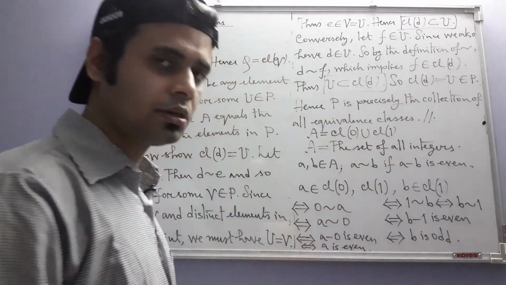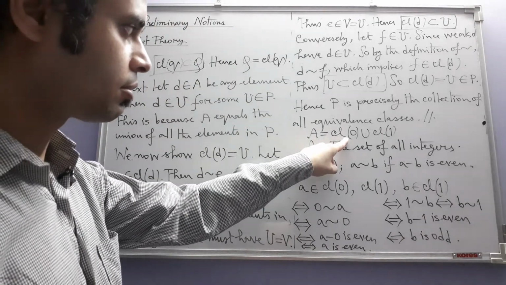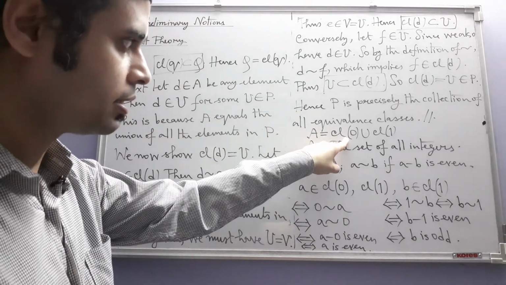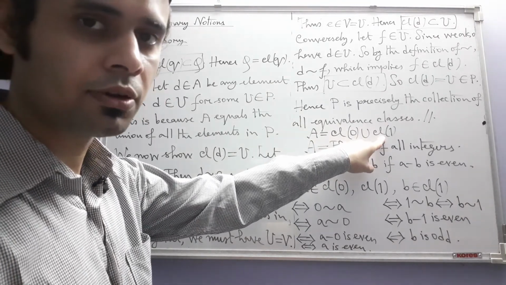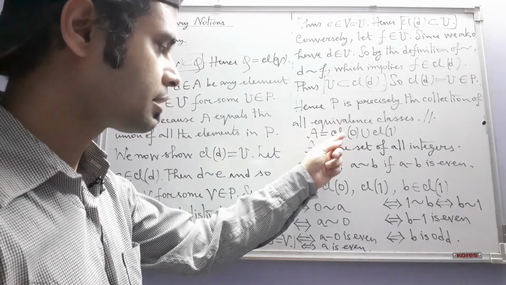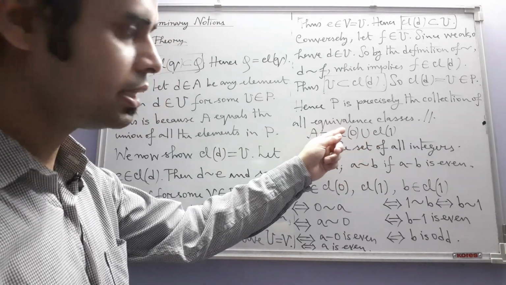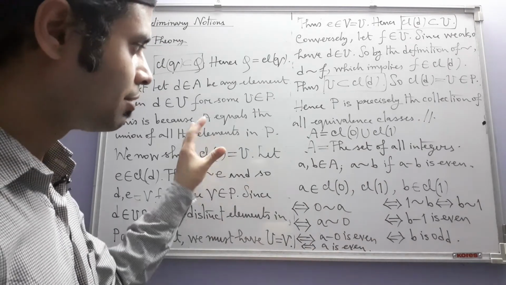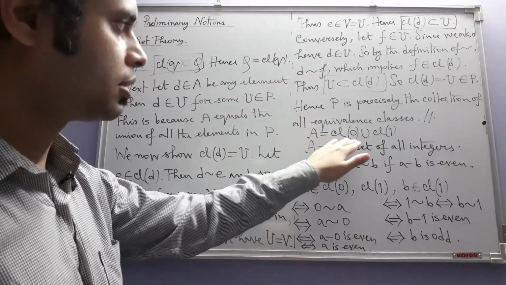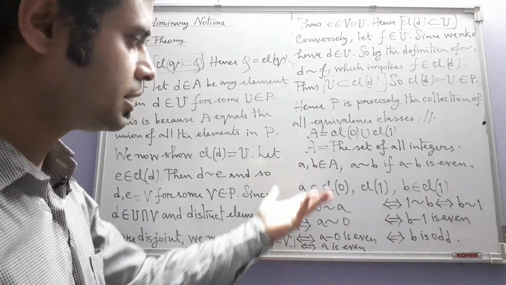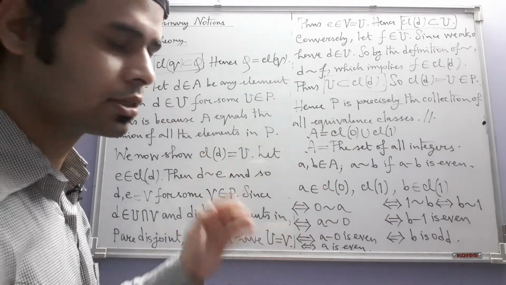They are non-empty, of course, because this consists of all even integers, and this consists of all odd integers. Their union is the set of all integers, and they are disjoint because there is no integer that is simultaneously even and odd. So the first part of the theorem is true in this case. Of course it will be true, it's just an illustration of the general situation.